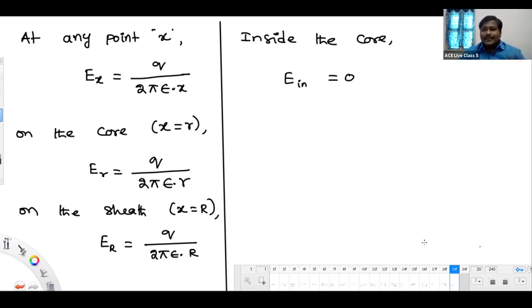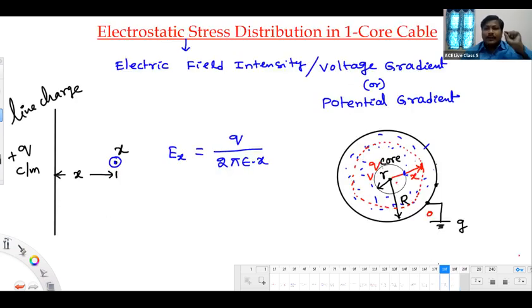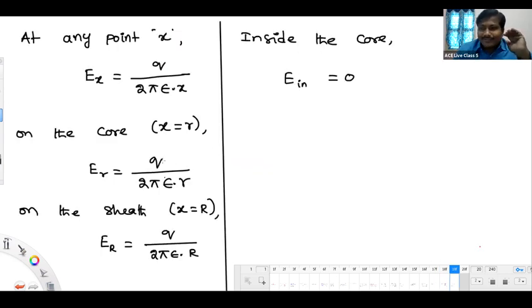Inside the core, you said it's 0. I will ask in sequence. What's the field intensity inside the core? 0. Okay. On the core surface, it is Q by 2 pi epsilon into small r.